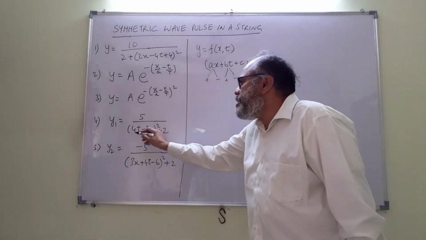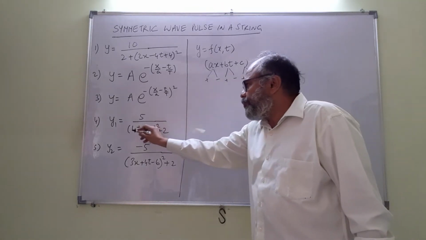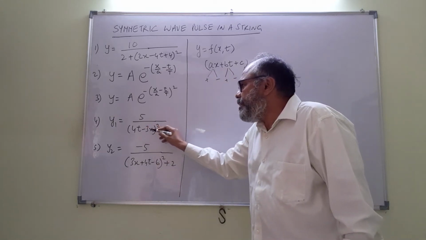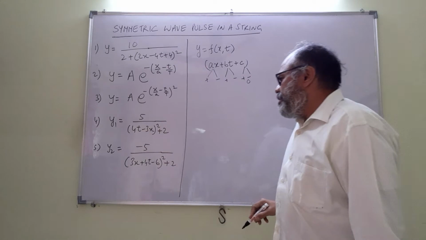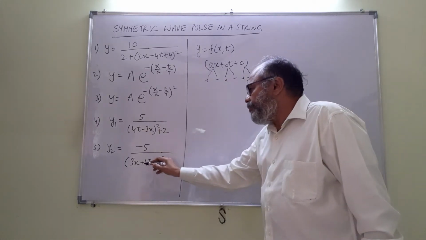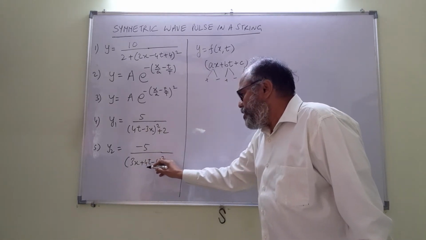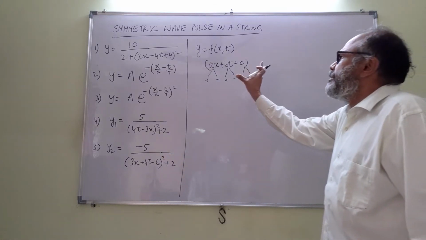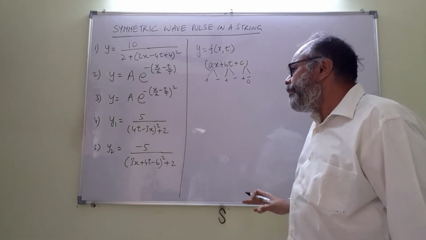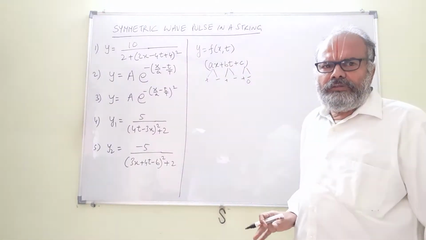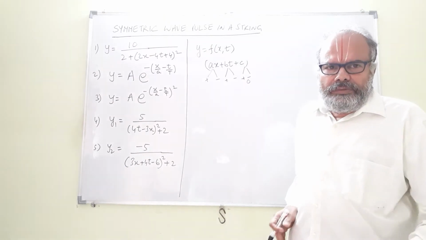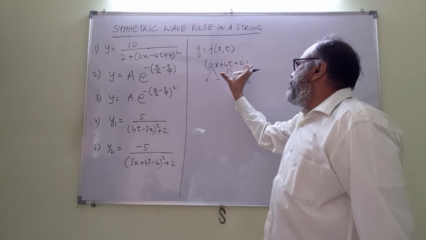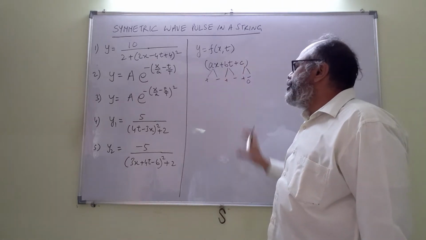Here you have b as 4 and a as minus 3, that is minus ax plus bt. And here you have a as 3, b as 4 and c as minus 6. So they always figure in this fashion. In any wave equation, whether it is a wave pulse or a wave train, ax plus bt plus c has to occur together in this linear form.